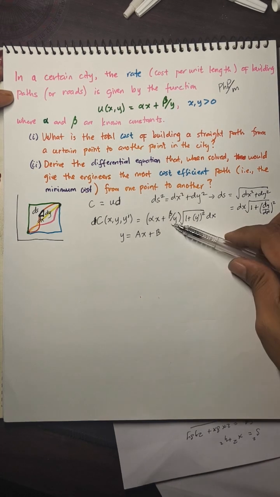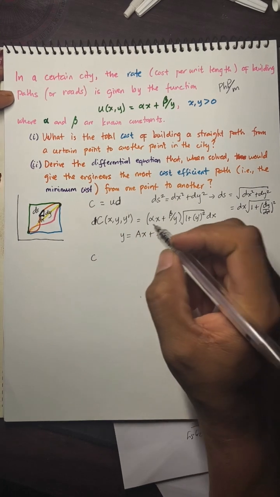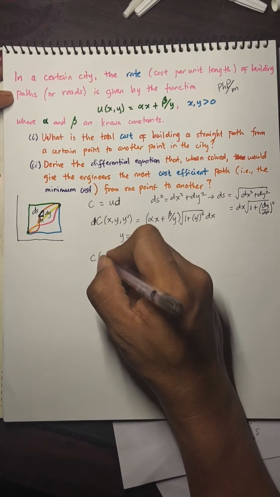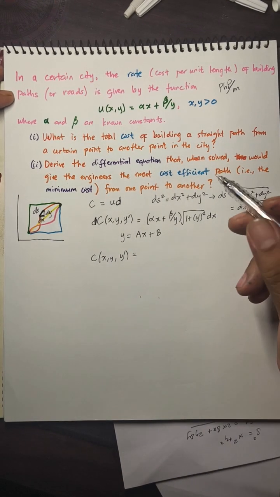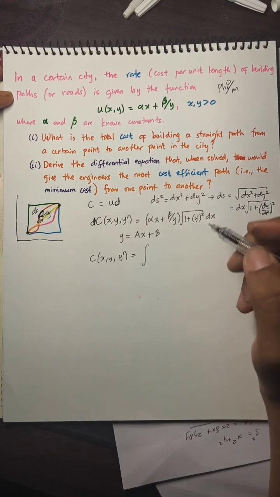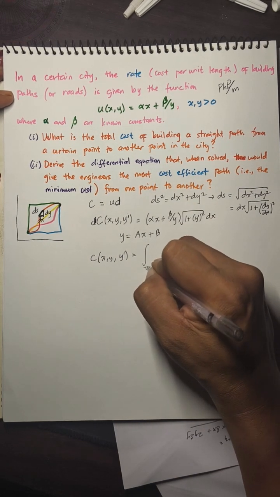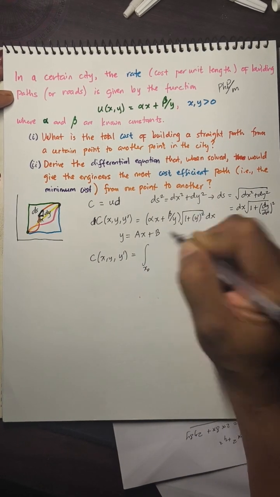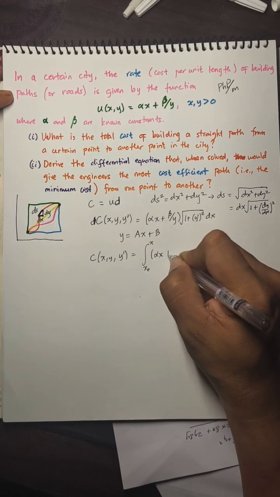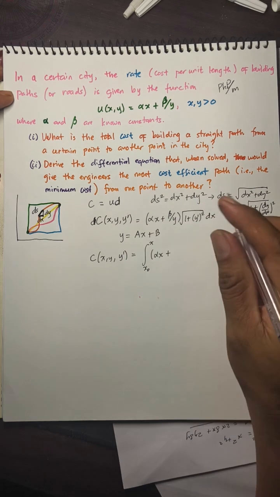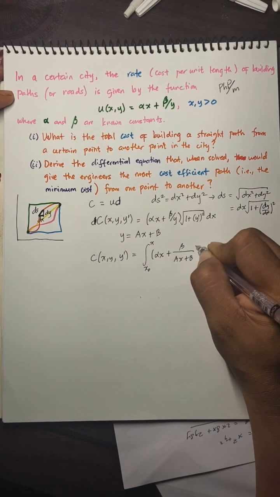So we can now replace y by this, and we see that our integral, our cost functional would be, this is a functional because it's a function of functions, the integral from the initial point, x naught, to some x of alpha x plus, y is ax plus b, so this is now beta over ax plus b.